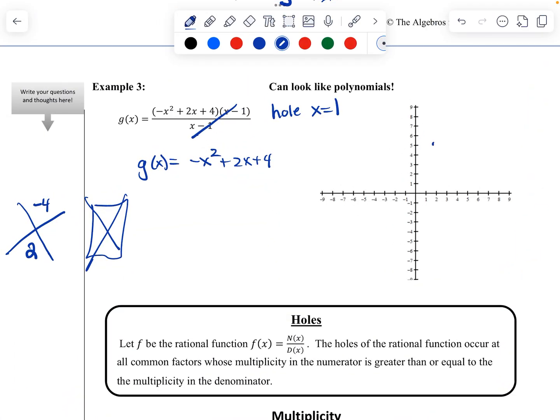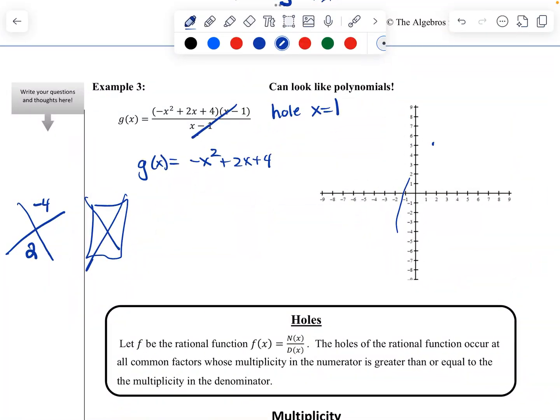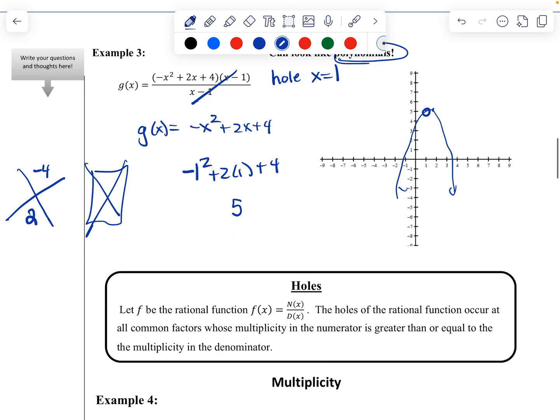So we can make a rough sketch of it. So we have our parabola. It looks like that polynomial, but there's a hole at 1. So if I plug in 1, negative 1 squared plus 2 times 1 plus 4, let's see, that is negative 1 plus 2 plus 4, which is 5. So at 1, 5, there actually is a little hole right there. So even though it doesn't look like our traditional swoopy rational function, it can still look like a polynomial.